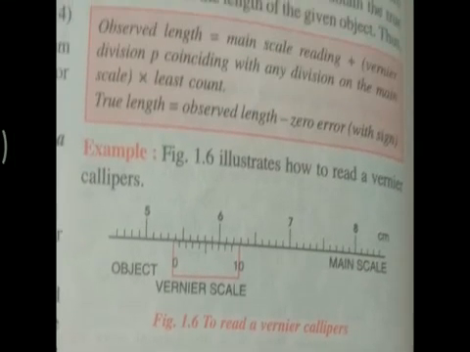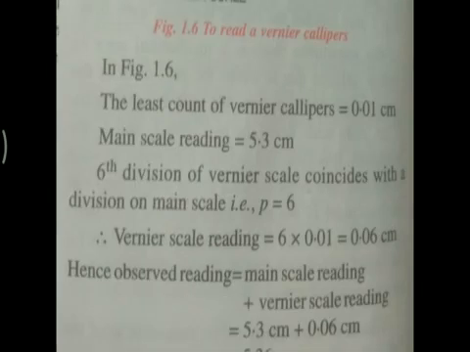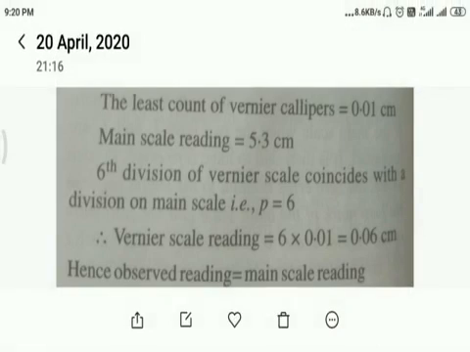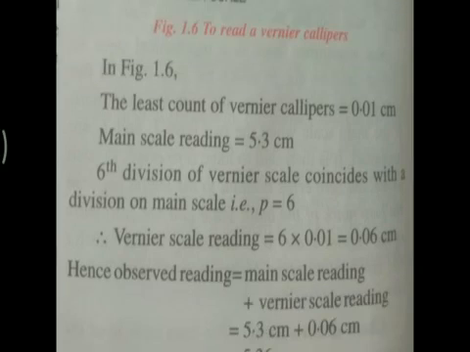Now, what is the formula we are having? Main scale reading, that is 5.3, plus the vernier coinciding division, it is 6, multiplied by the least count. Least count is how much? It is 0.01. So vernier scale reading will be what? 6 into 0.01. It will become 0.06. So observed reading will be what? Main scale reading plus vernier scale reading.